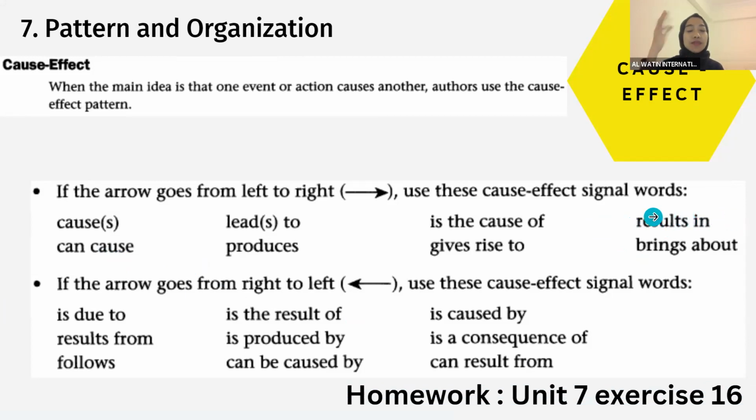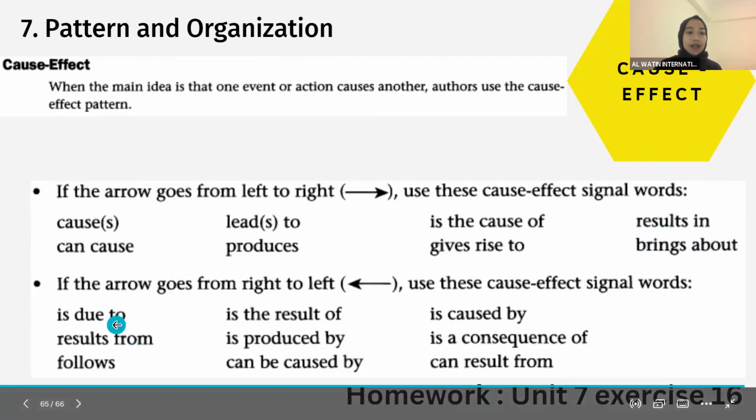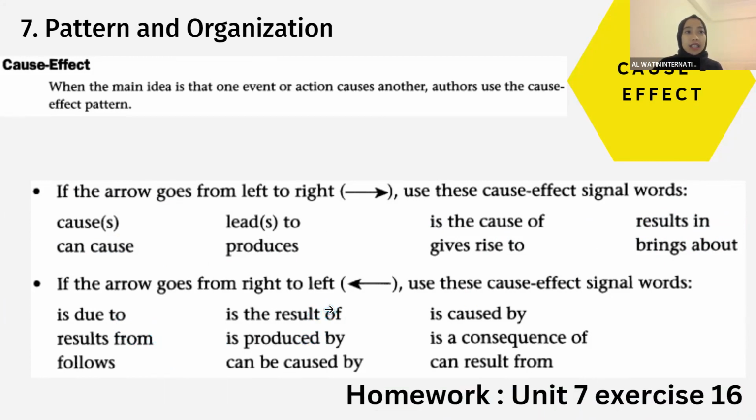Okay, so instead of using because, we can use other vocabulary. This is the academic one. What is the opposite? The opposite, we can use because of. The normal word we can use is because of. I was caught in the rain because I forgot to bring an umbrella. Because of the umbrella, let's say, is due to.